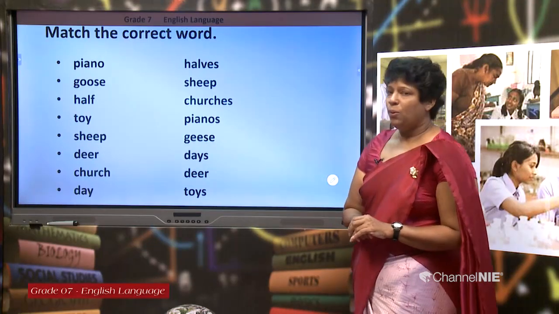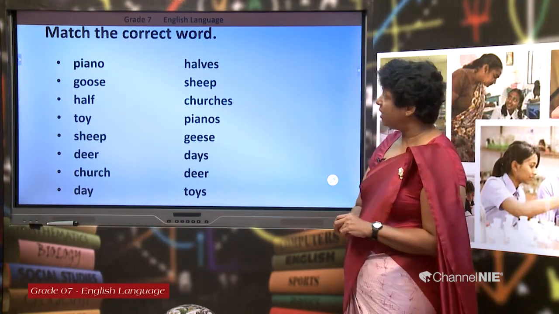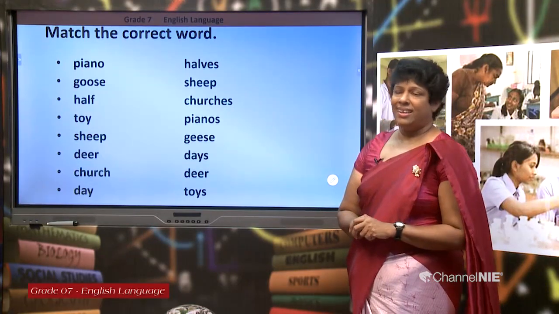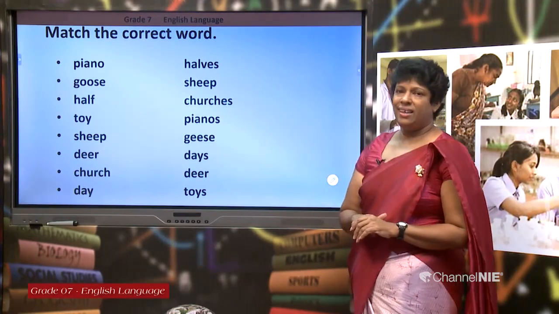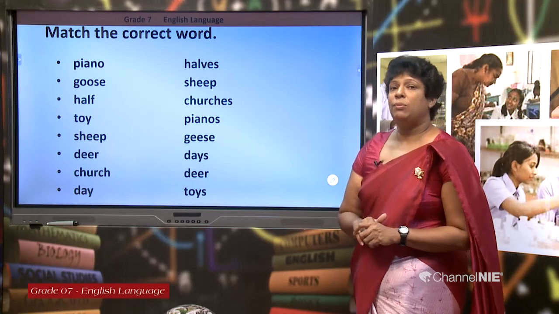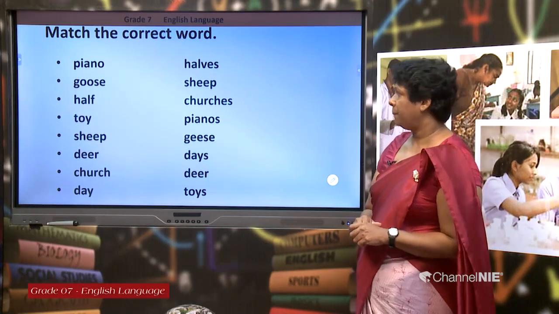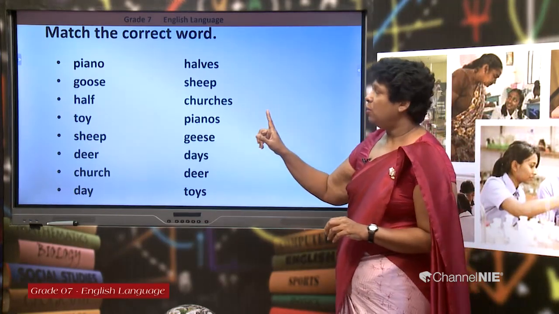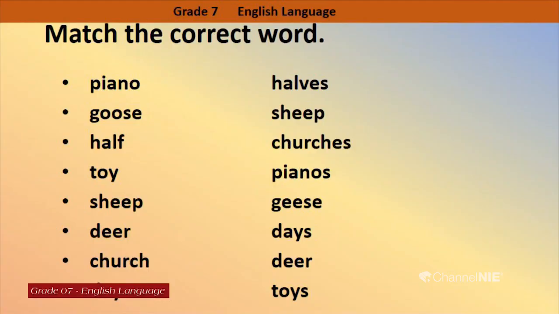Now, there is a matching activity. Now you know all the rules here, therefore you are able to do it correctly. Piano, goose, half, toy, sheep, deer, church, day.